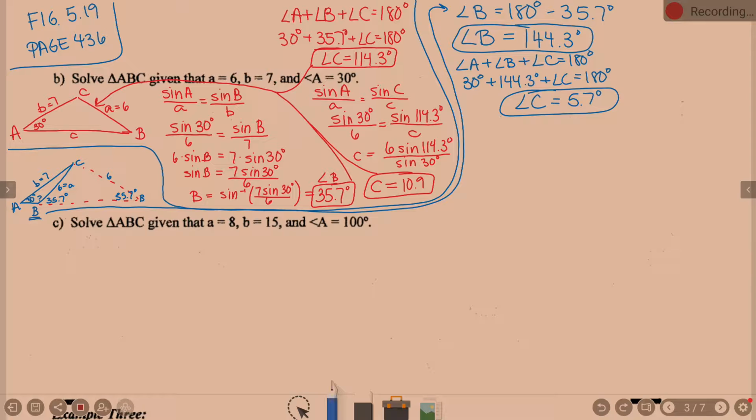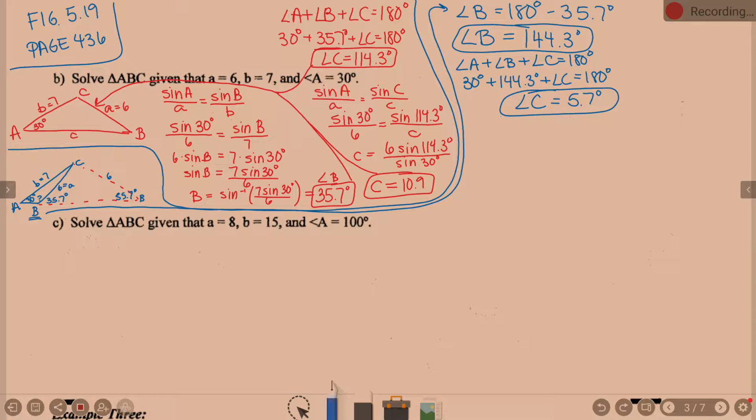Now I need side C. What am I doing to find side C? We're going back to using the whole plan of today, law of sines. Okay. Like every other part of this problem, I would go back to using our A's because that was given. The difference is we have a different angle C to go with it.